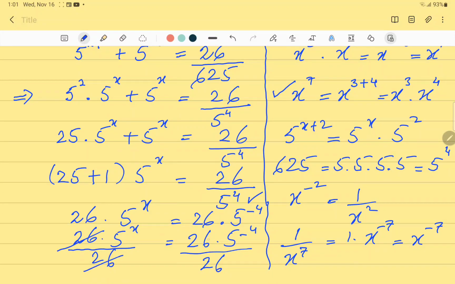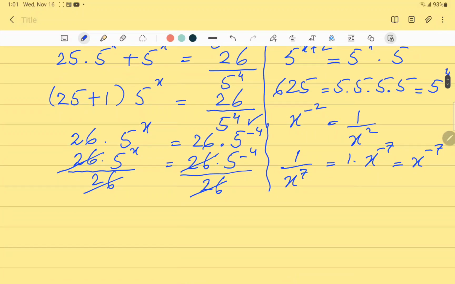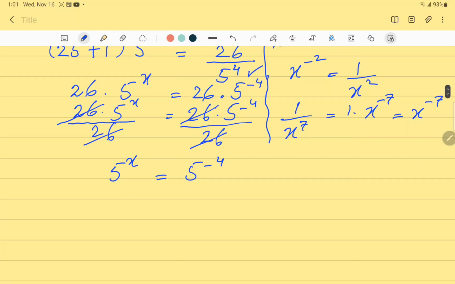So 26 cancels on both sides, and we are left with 5 raised to the power x is equal to 5 raised to the power minus 4. Since bases are equal, therefore powers will also be equal, which means our x is equal to minus 4. So this is our solution set.